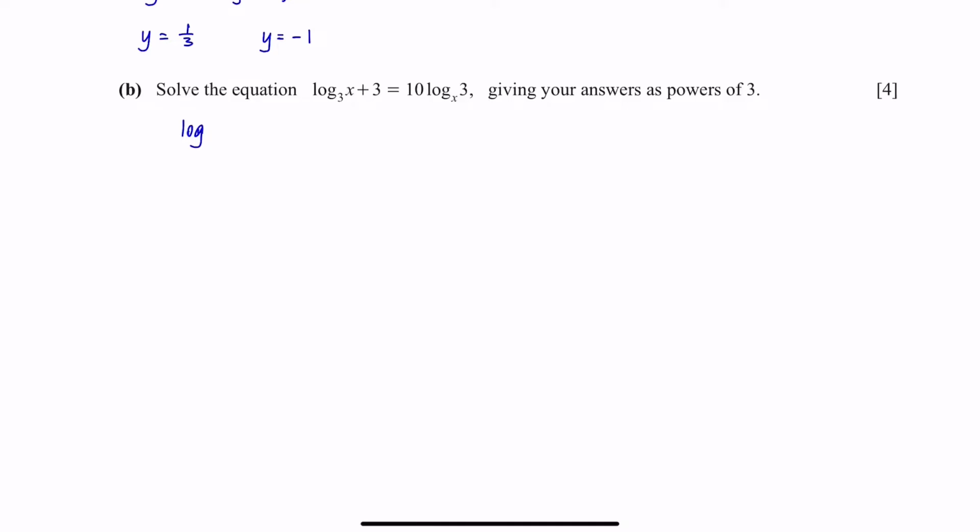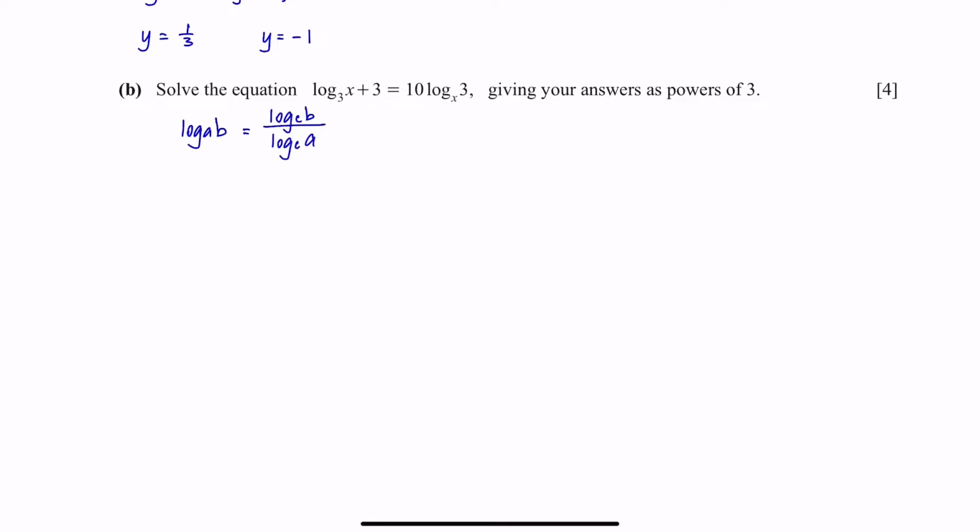So if we have log base a of b, and let's say we want to change it to log base c, so we would get log base c of b divided by log base c of a.